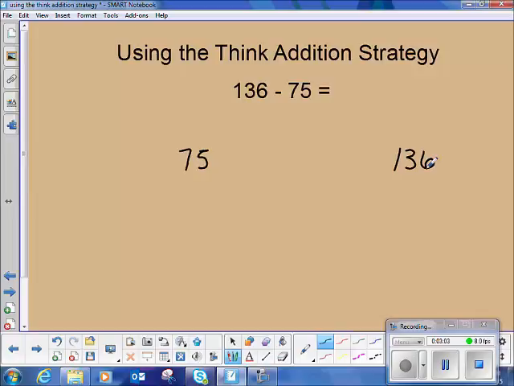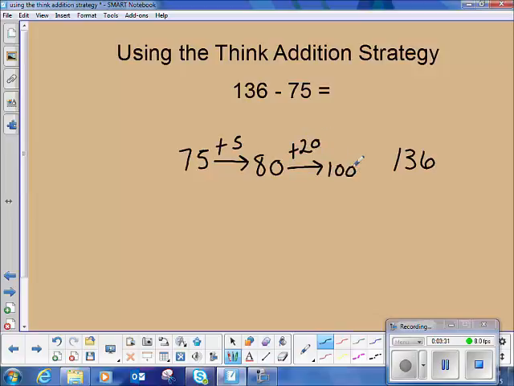So with 75, I'm going to draw my arrow to show I'm going to make a change to 75. And I'm going to do that by adding 5. And there we go. We're at a friendly 10. We've actually made a 10 as we're using the think addition strategy. Now I'm at 80. I know that if I add 20 more, add 2 more 10s, now I'm at 100.